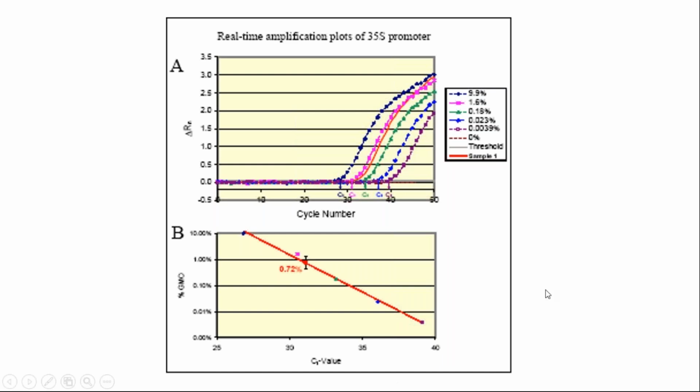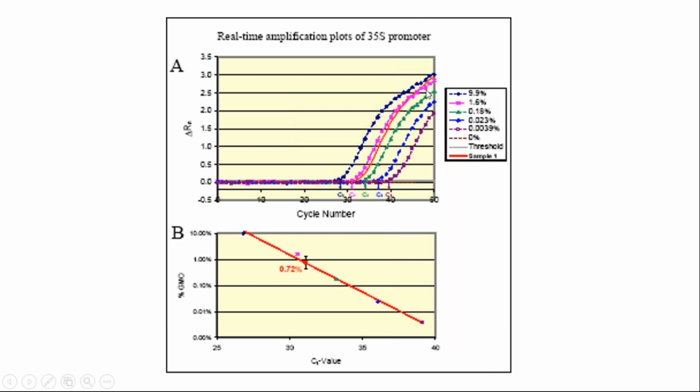So in real-time PCR, we plot the CT value, or the cycle number, versus the log percent of the GMO. You get a straight line with a regression, and now you can use that to determine the unknown.